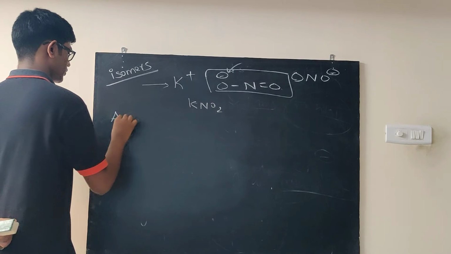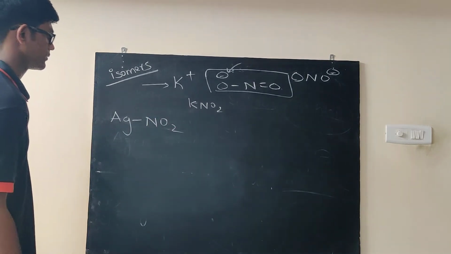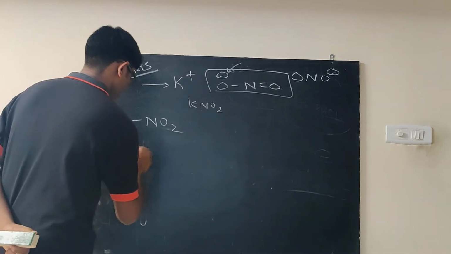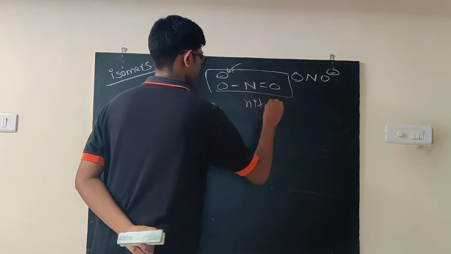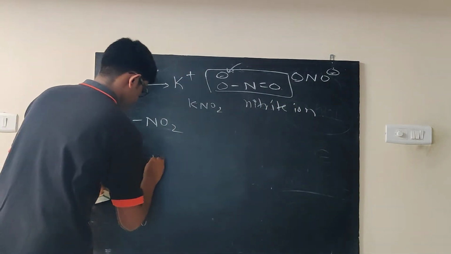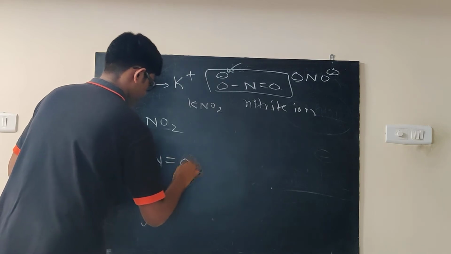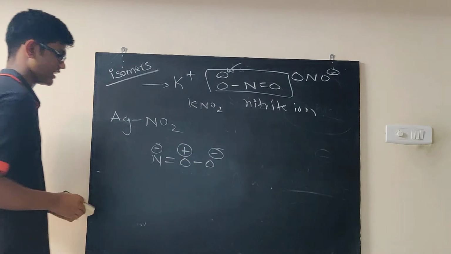Then I can have AgNO2, right? Now in AgNO2 what happens? Let me first draw this. This is basically called nitrite. The other structure can be this: N double bond O, single bond O minus, with plus and minus charges. This is a highly unstable structure.